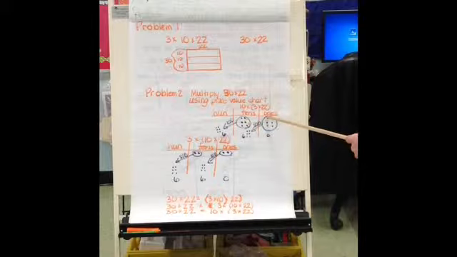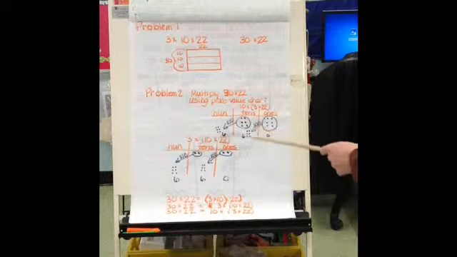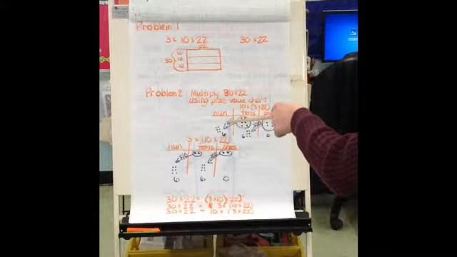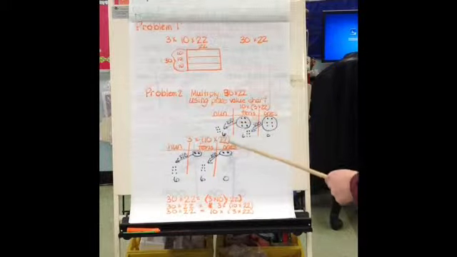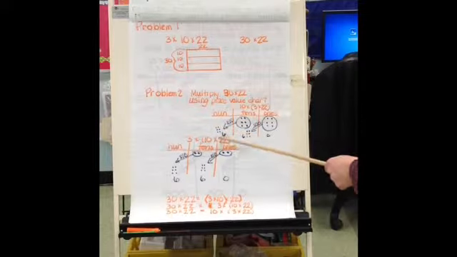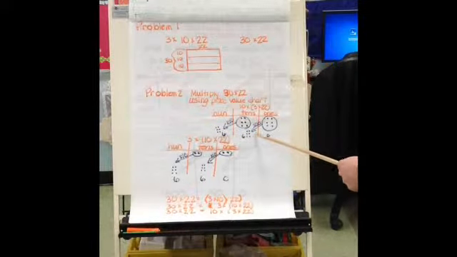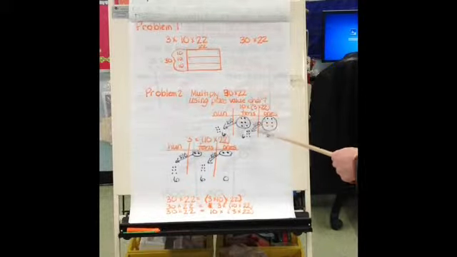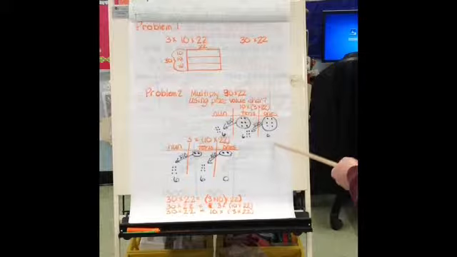So now I have 3 sets. Then I multiplied each by 10, so that means they're each moving over to the left on the place value chart, to the next largest place. So I have 6 hundreds, 6 10s, and 0 1s. So 10 times 3 times 22 is 660.